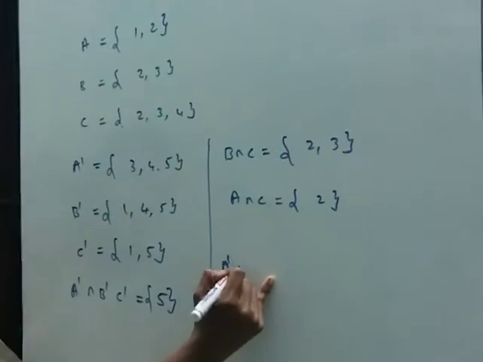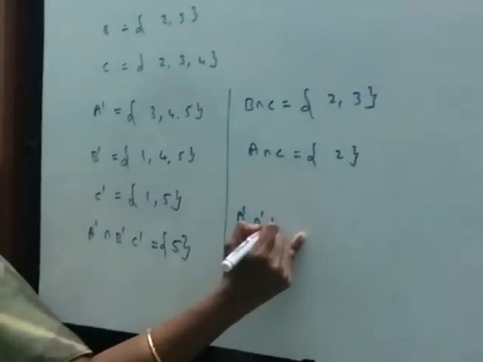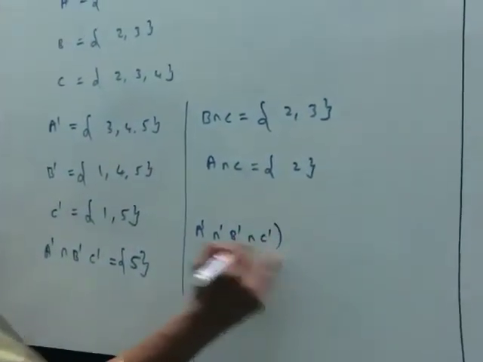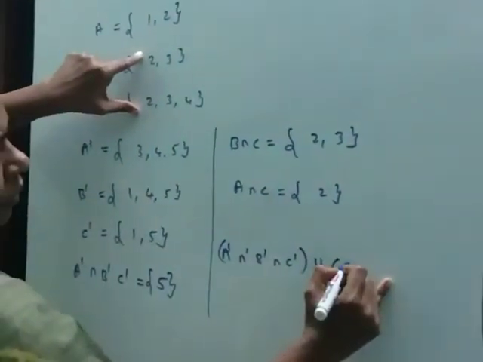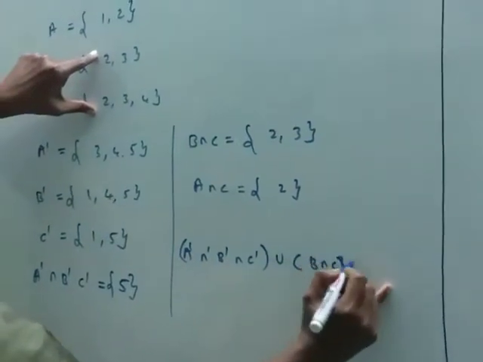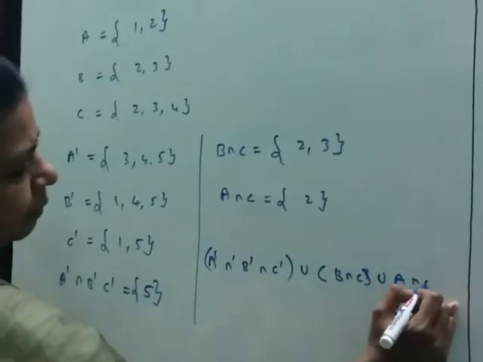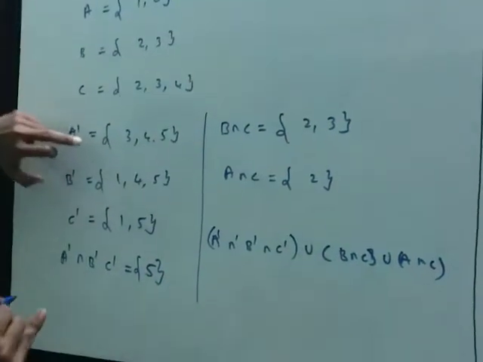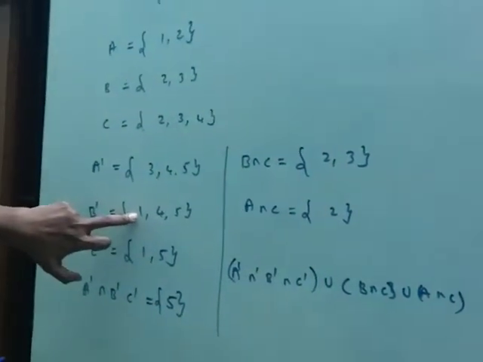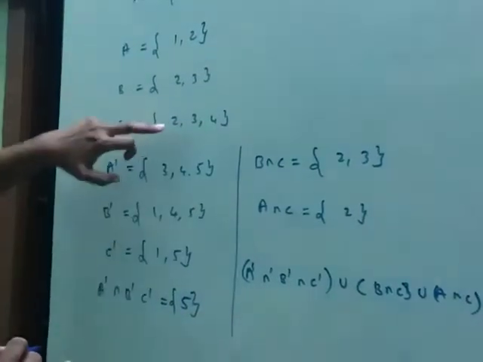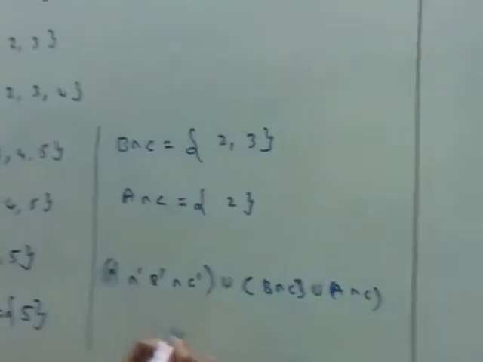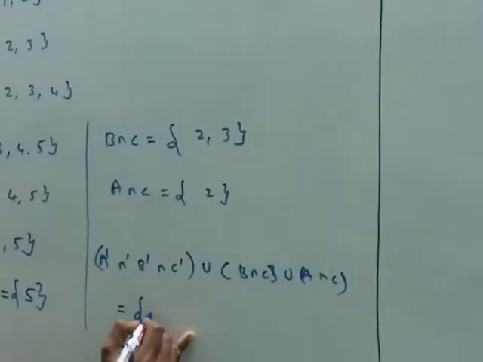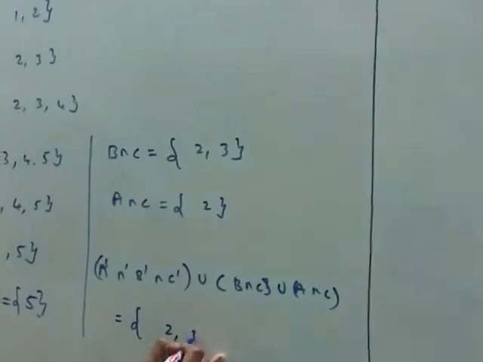So the union of all these, A dash intersection B dash intersection C dash union B intersection C union A intersection C. The intersection of these three is 5, and the union of these is 2, 3, 5.